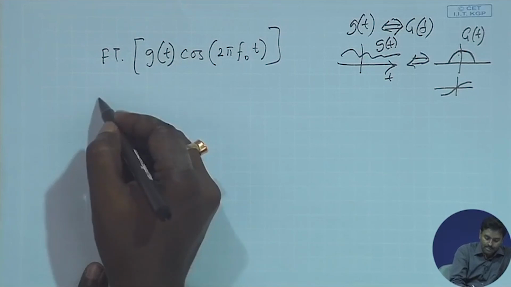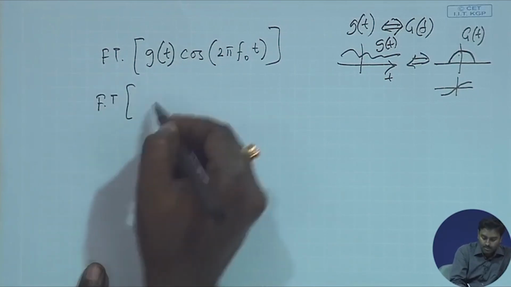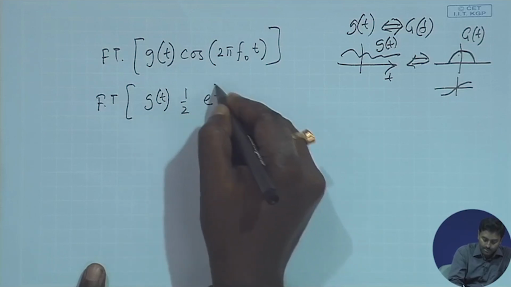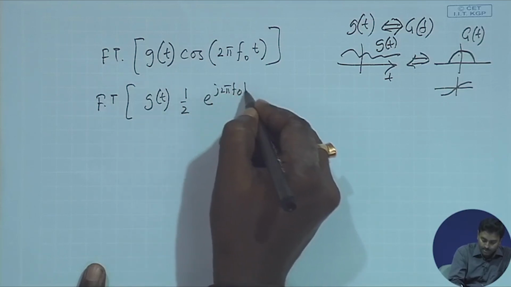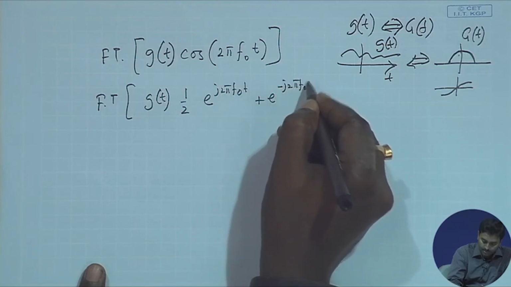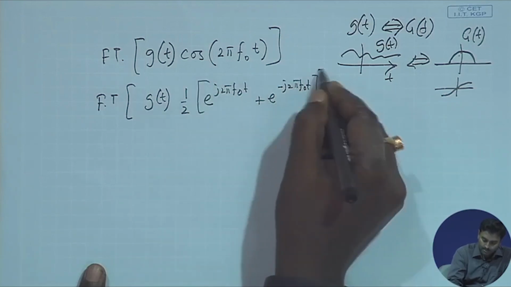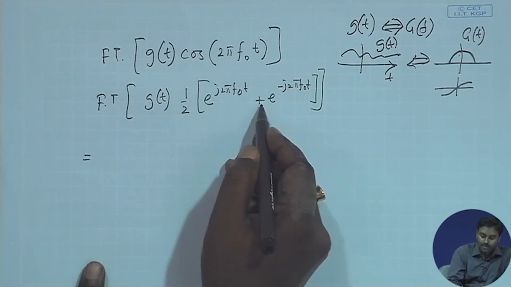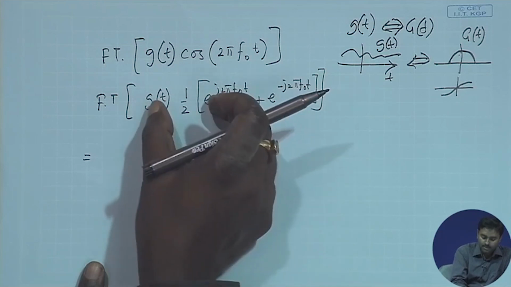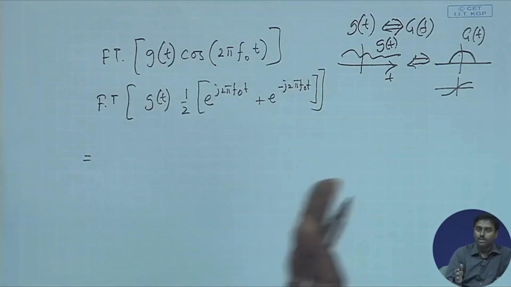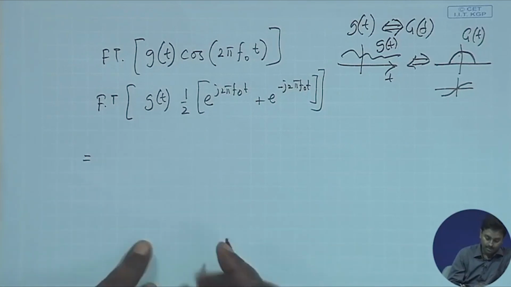Now, I can write this cosine as half of e to the power j 2 pi f0 t plus e to the power minus j 2 pi f0 t. Because the Fourier transform is a linear combination, it gets distributed.